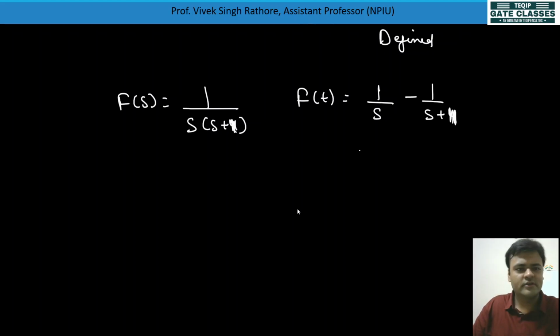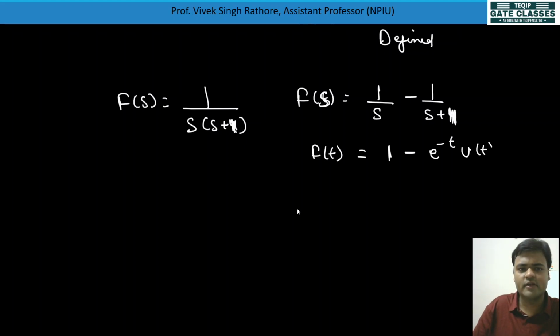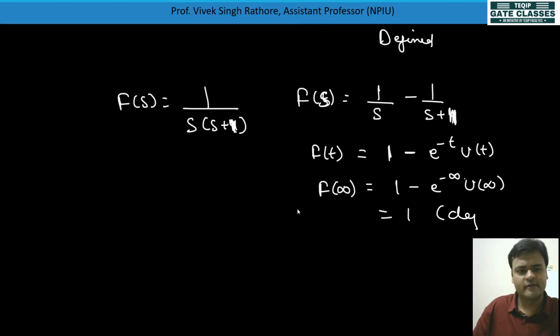Sorry, this was F of s only, and f of t will be 1 minus e to the power minus t u of t. If you ask for the f of infinity value, it will be 1 minus e to the power minus infinity u of infinity, which is 1. So it is also defined. Okay, this is also very good.